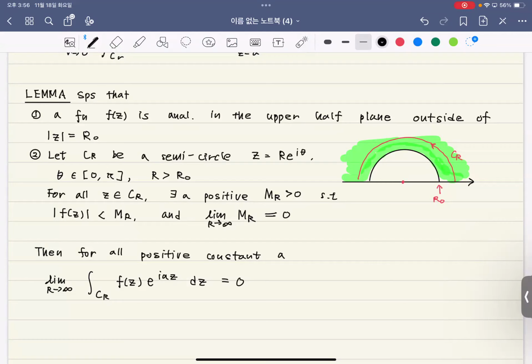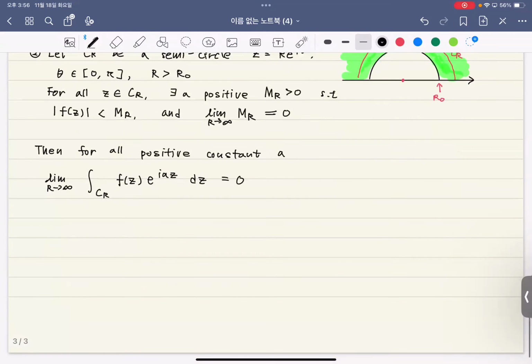So let me prove this. This lemma is sometimes called Jordan's lemma. Okay, whatever it is.